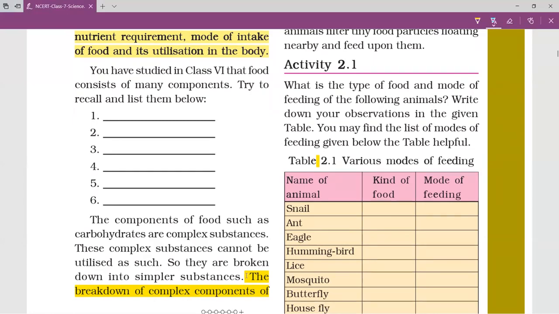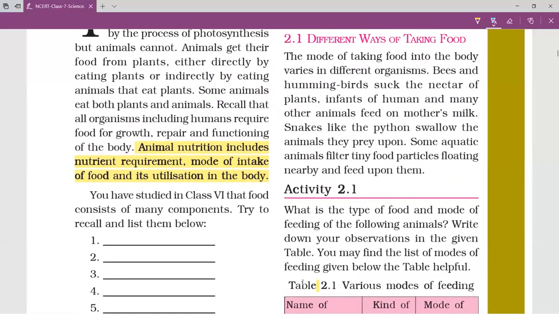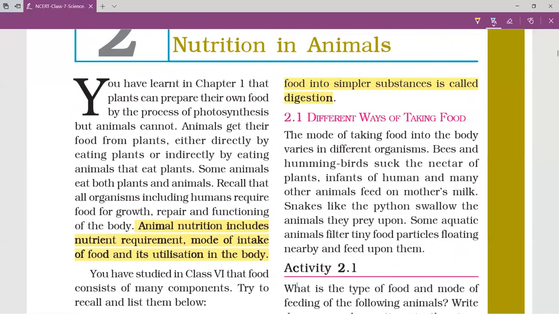Here you will see: the breakdown of complex components of food into simpler substances is called digestion. Do you understand the process of digestion? The food we take is not simple and will not get assimilated by our body, so it needs to be made simple so that it will be digested easily. This overall process is called digestion.